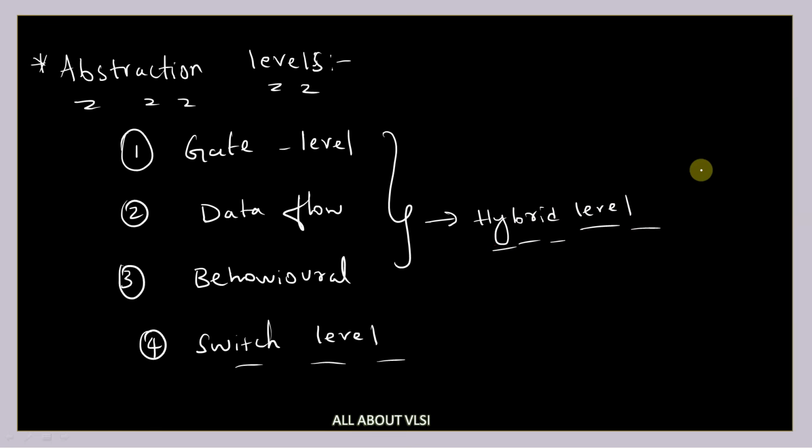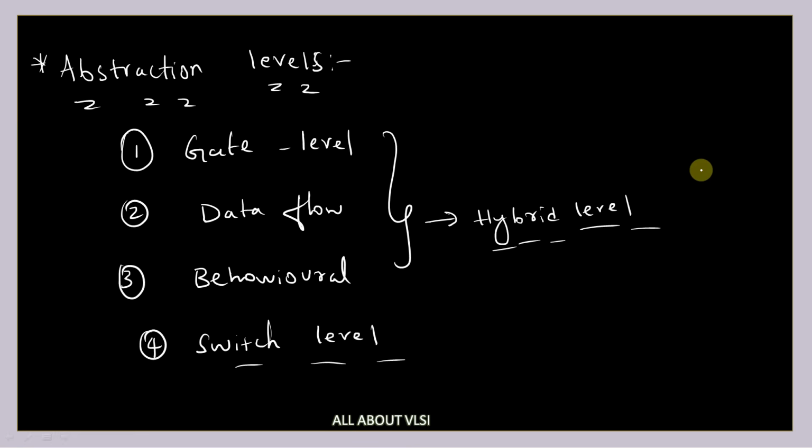So what do gate level, data flow and behavioral mean? Coming to gate level modeling, we develop our code in terms of gates. For example, if we have a simple full adder or full subtractor, we can decide what type of gates our design should have, whether NAND gates, NOR gates, or AND gates, and how our design should look.